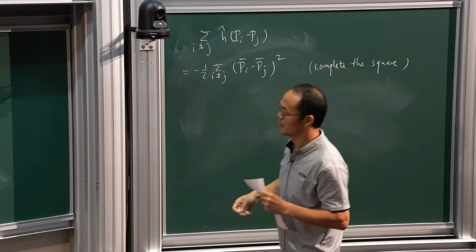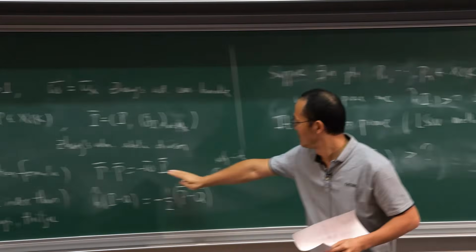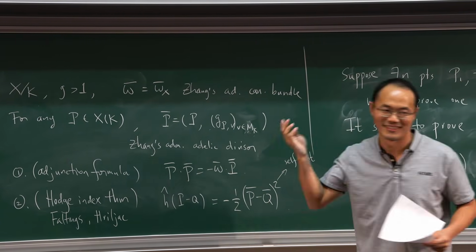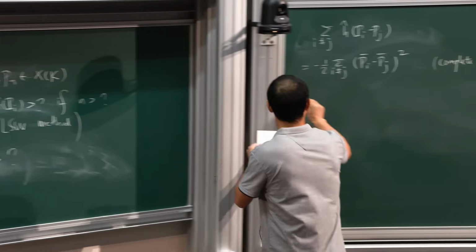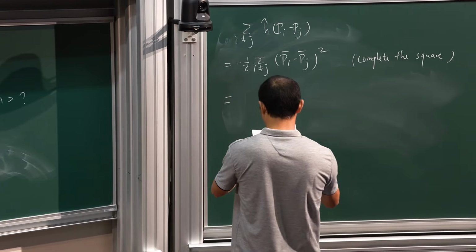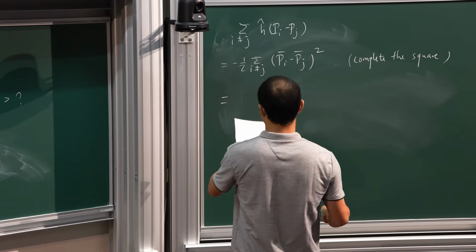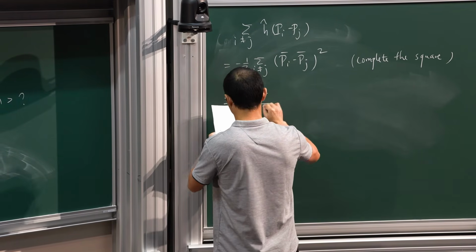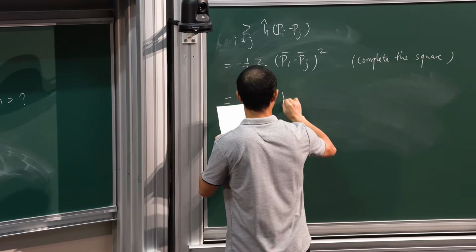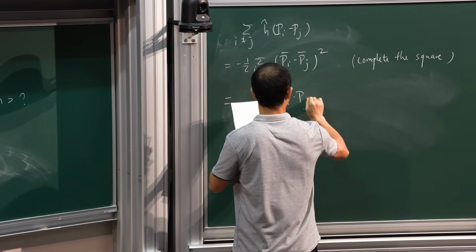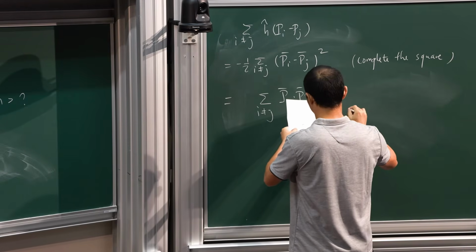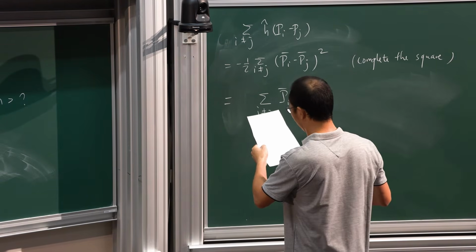We also use this type of result. Sometimes this is weird: this is a square, but it's linear, so you have more choices. But eventually we get this summation over i not equal to j of Pi dot Pj plus some constants.